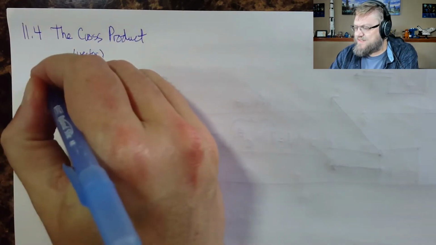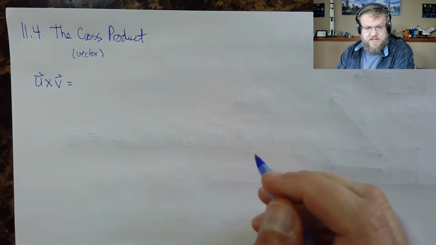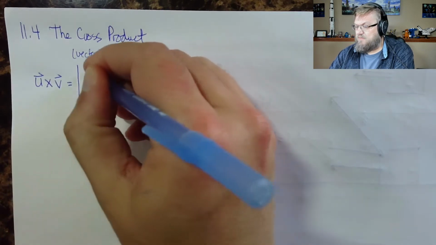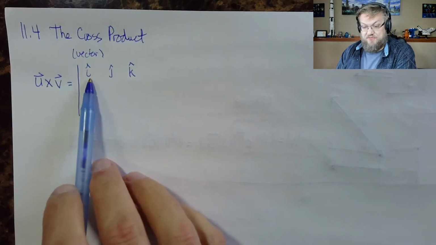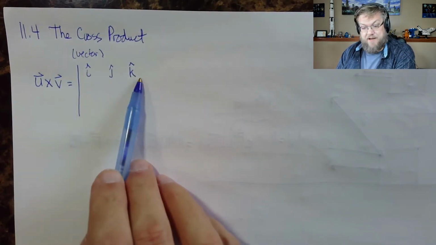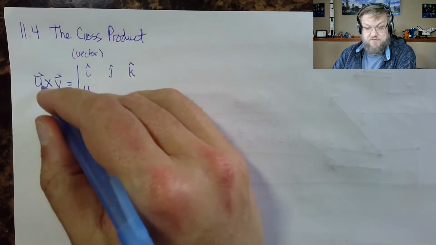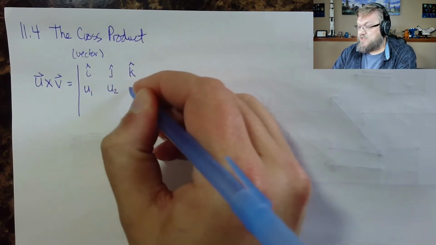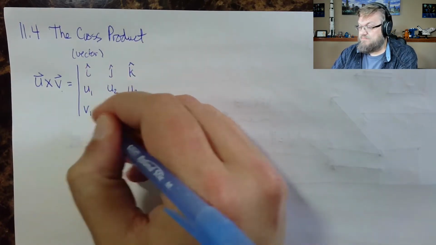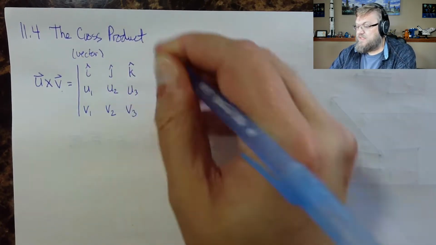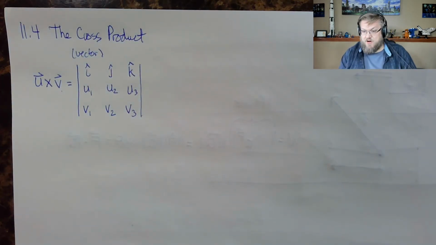U cross V is going to equal this 3 by 3 determinant. The first row, you put I, J, and K. The second row, you put the components of U, the first vector, and the components of the second vector go here. I'd like you to remember that. That is a nice compact way of remembering how the cross product will go.